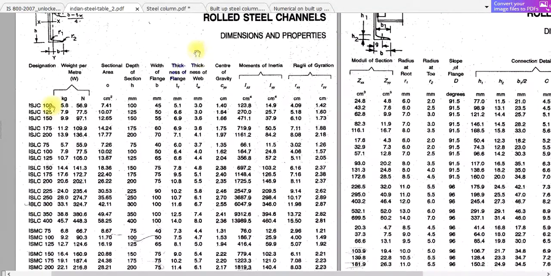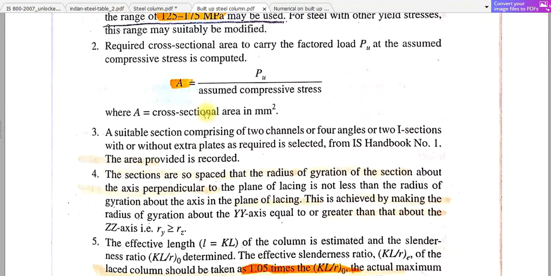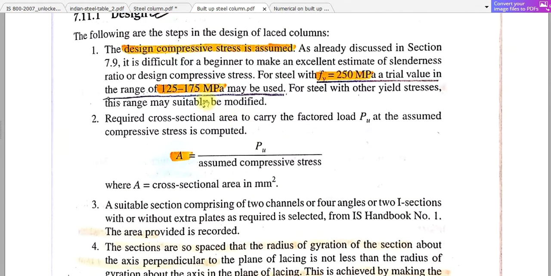Now, choosing the particular section is not enough at this point, so you have to again check whether this built up section will carry that particular amount of load or not, because we have assumed this design compressive stress.